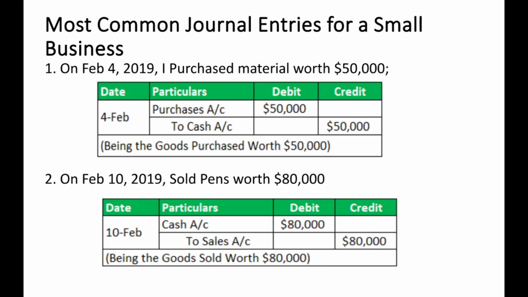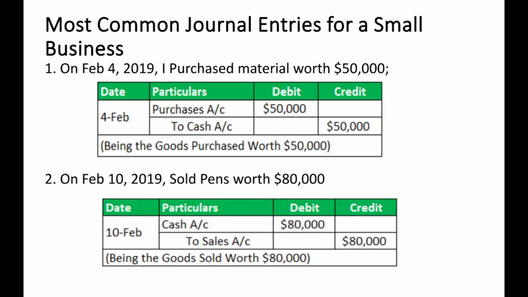The first one: on February 4th, 2019, I purchased material worth $50,000. This is called a transaction. In this transaction, we will find two elements: one is debit and another one is credit.